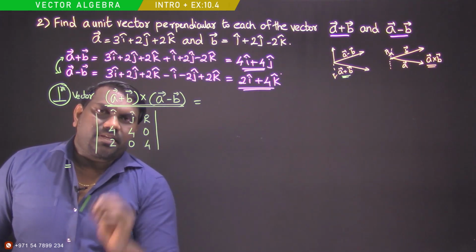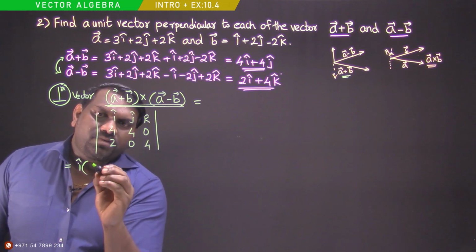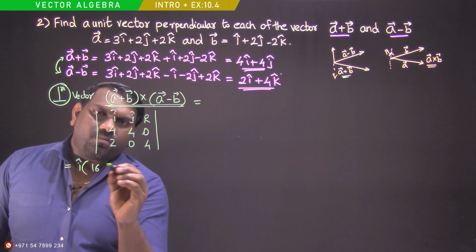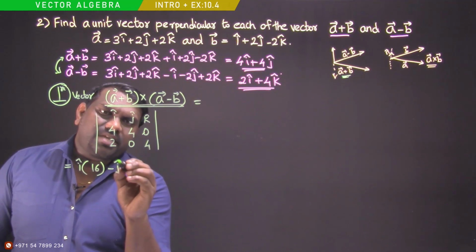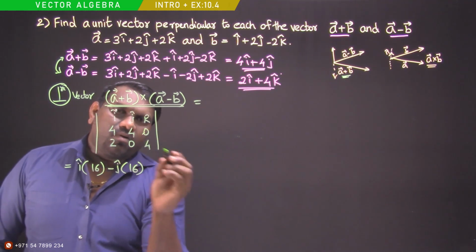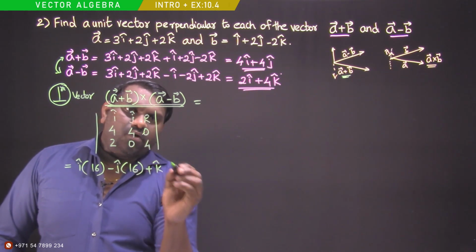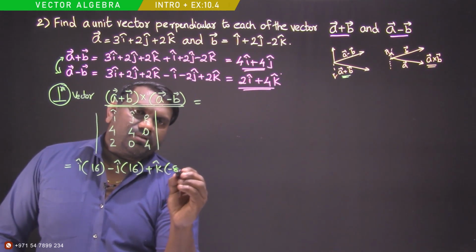I cap into these two, which is 16, this one is 0. Leave it. Minus j cap into these two, 16 again, leave it, 0. Plus k cap, 4 times 0, then minus 8.